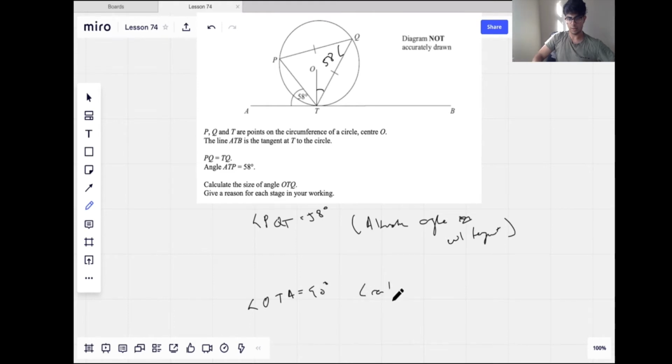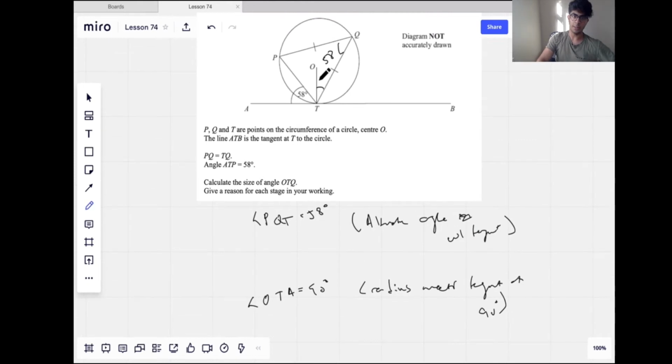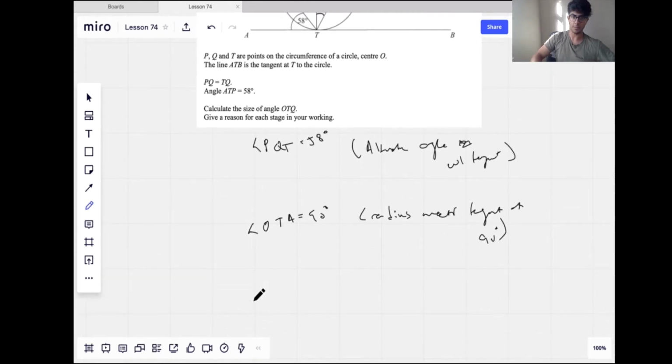So radius meets tangent at 90 degrees. And therefore angle OTP will equal 90 minus 58, which is 32. And you don't really need a reason, that follows straight from there.